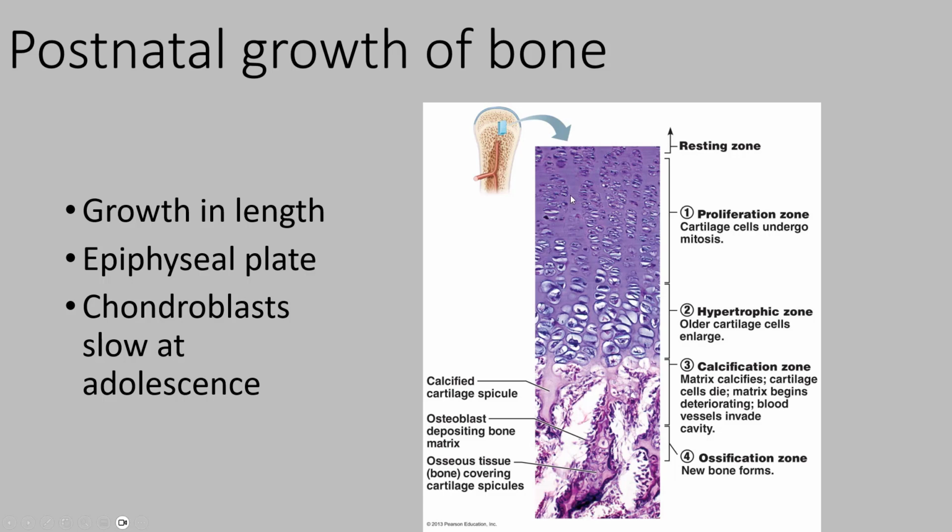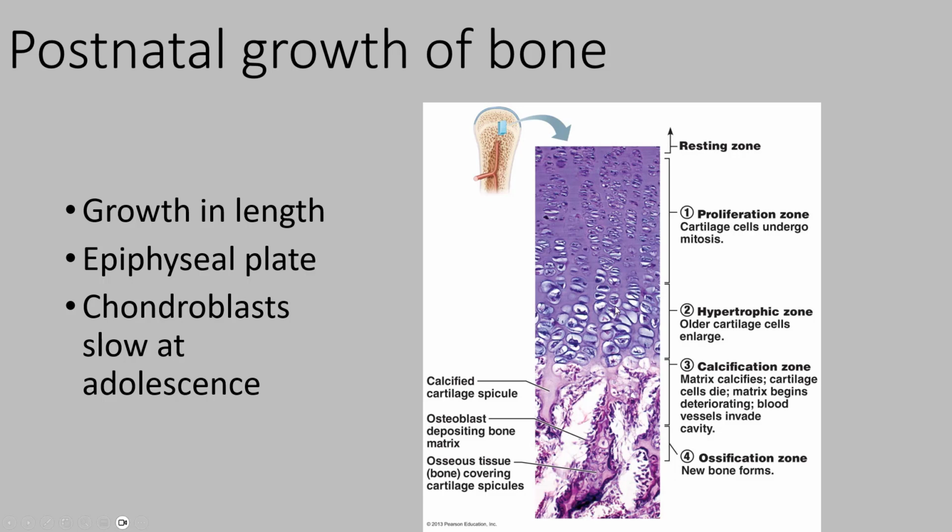This is hyaline cartilage. The cells are very small and undergoing almost constant mitosis. As they make more and more cartilage cells, those cells are pushed towards the diaphysis, towards the shaft of the long bone.